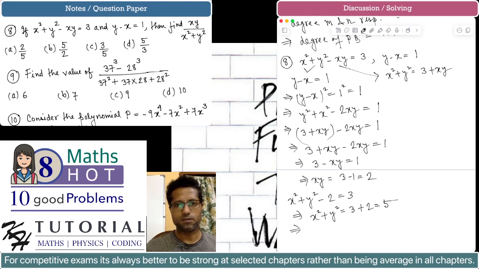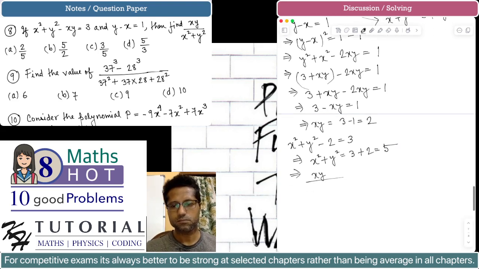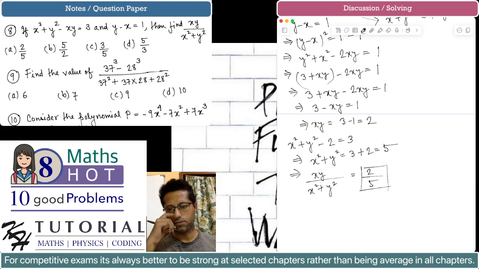This implies the value of xy divided by x square plus y square, where xy was 2 and x square plus y square was 5, is 2 by 5. So the answer is 2 by 5, and hence the correct choice is A.